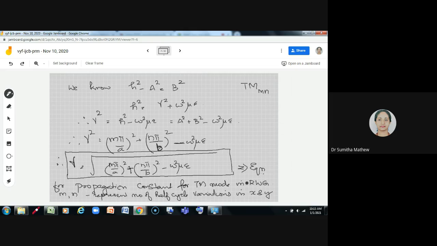They are actually the number of half cycle variations in the x and y directions. So your question will be, derive an expression for propagation constant for TM mode in a rectangular waveguide. First you have to get the solutions, then this is how you get the expression for gamma, the propagation constant, in terms of m, n, a and b.